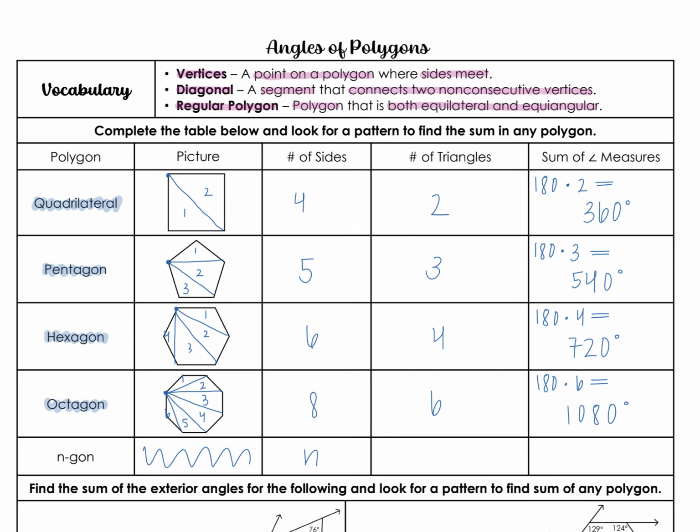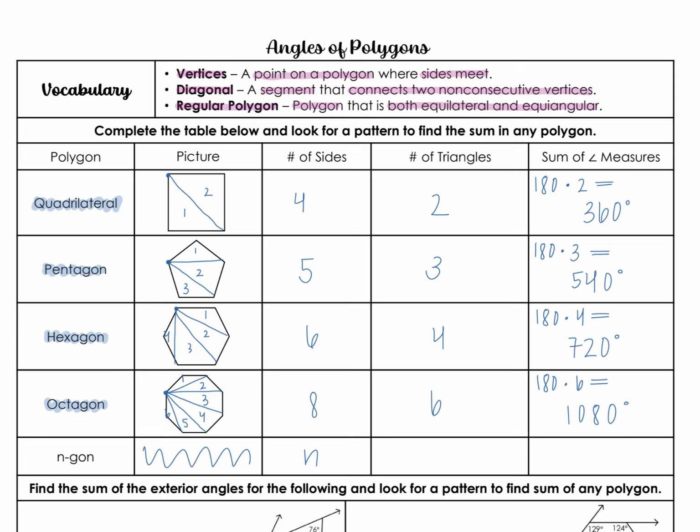The few that we do have names for are like you see here, my quadrilateral, my pentagon, my hexagon, my octagon. There's a few others, but once we get to a point, we do start just calling it n-gon, which would be replaced with a number. So for example, 23-gon.